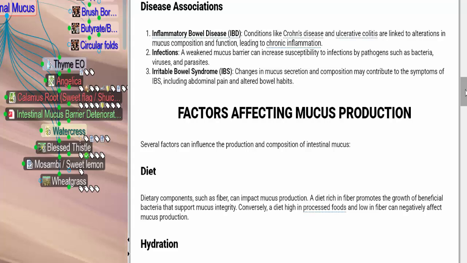A weakened mucus barrier can increase susceptibility to infections by pathogens, such as bacteria, viruses, and parasites. And then irritable bowel syndrome. Changes in mucus secretion and composition can contribute to symptoms of IBS, including abdominal pain and altered bowel habits. So, what factors affect mucus production?